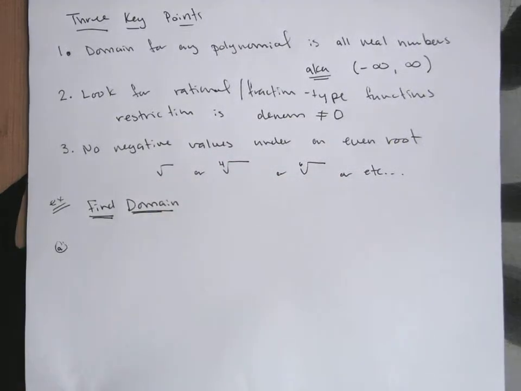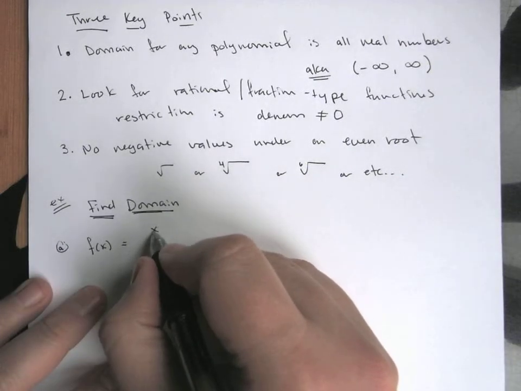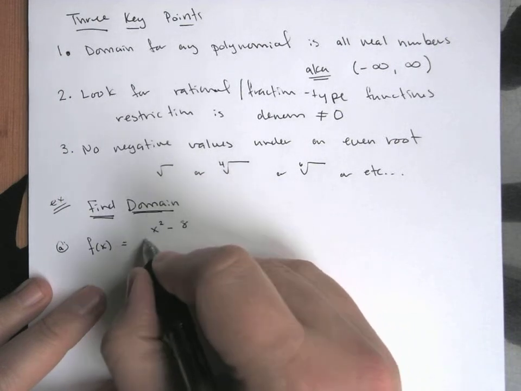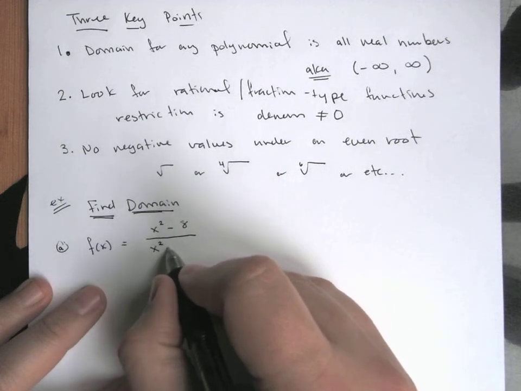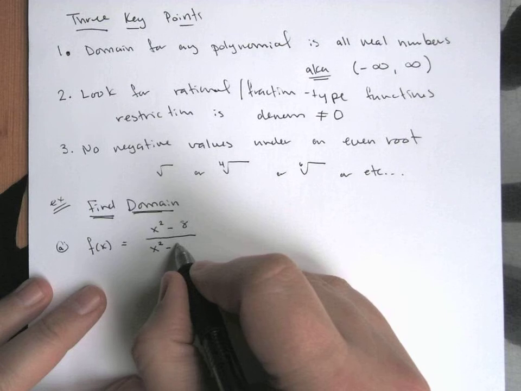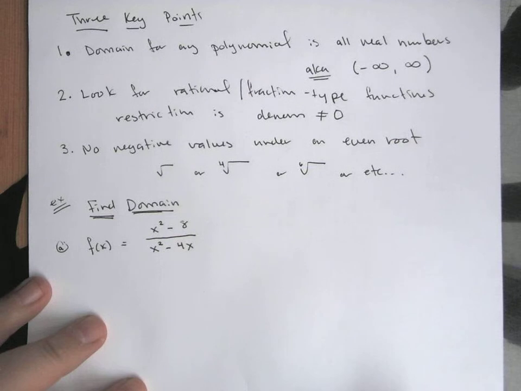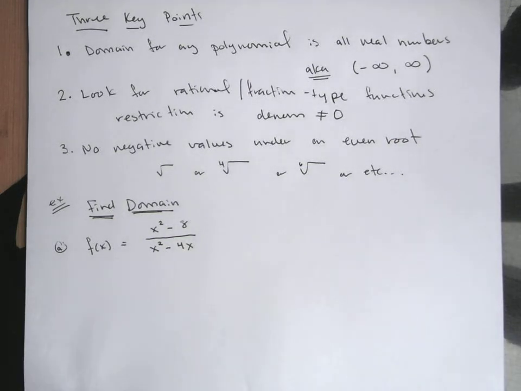So example A, let's say, how about f of x is x squared minus 8 over x squared minus 4x. So maybe I have a function that's kind of like this. The key here is that this is rational. This has a denominator.